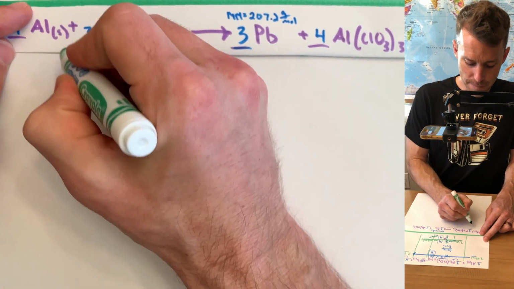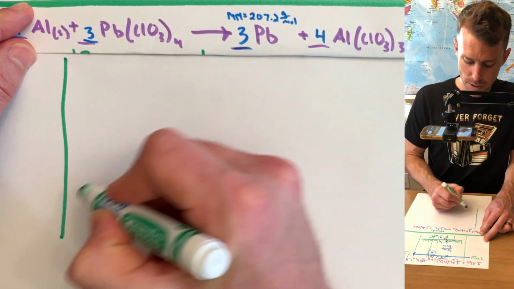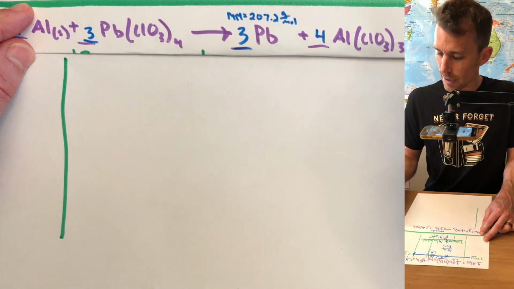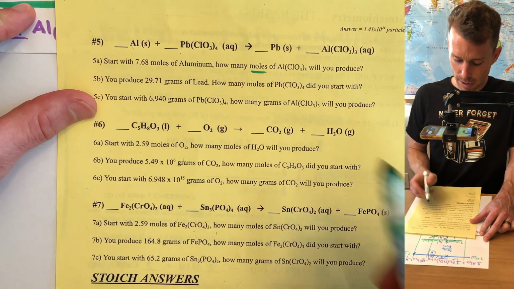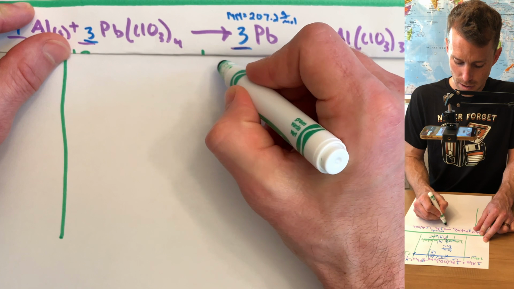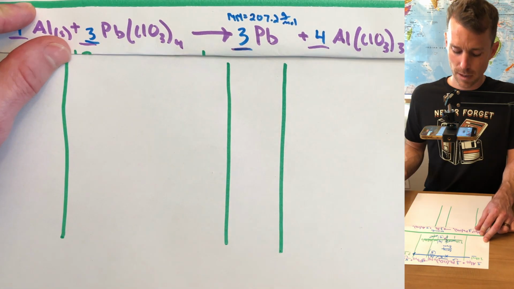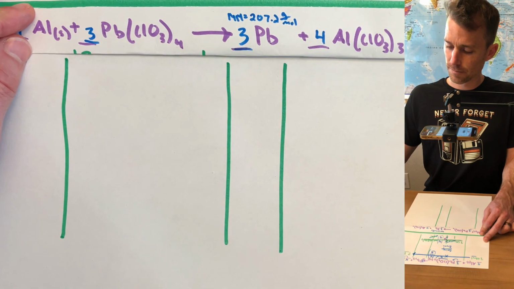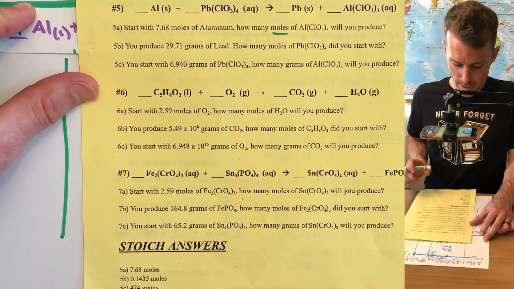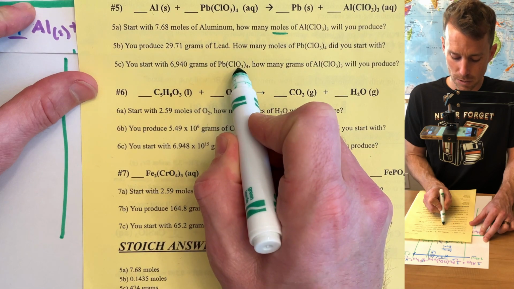So I'm going to make my column that I'm going to do just a little bigger. So I'm using this one, and then I'm going to use, I think it said, let's check, aluminum chlorate. Yeah, using my aluminum chlorate here. So I'm going to make my lead column pretty small. Great. Now we have 6940 grams of lead chlorate.